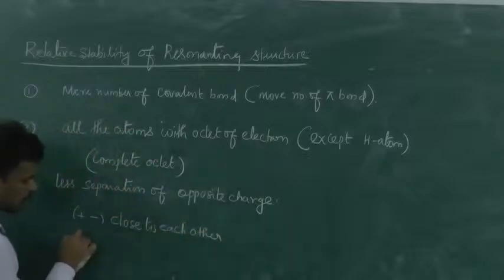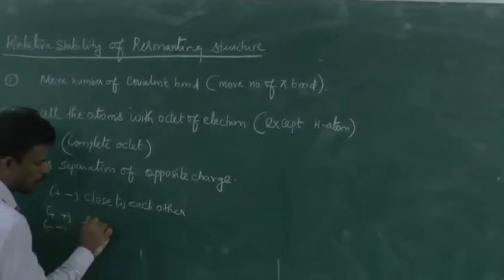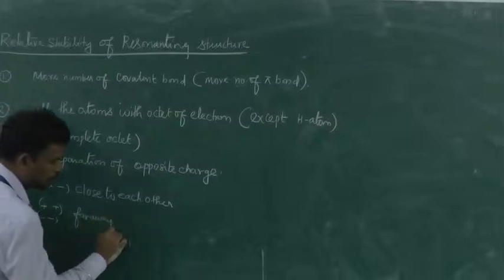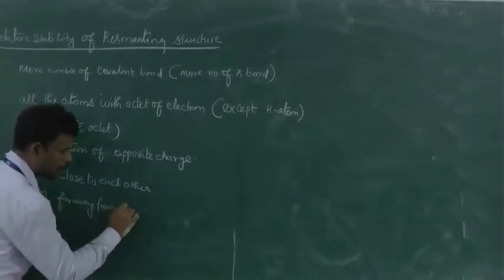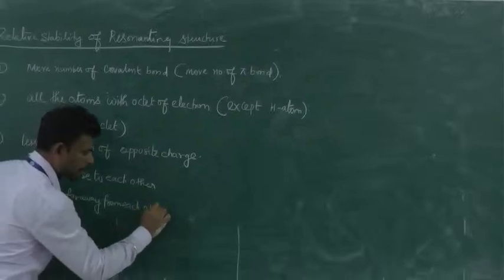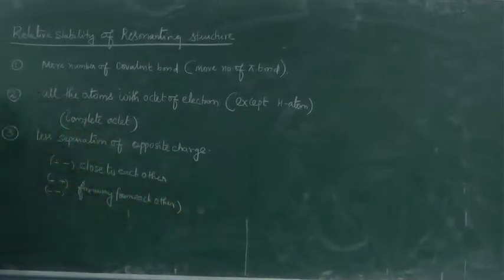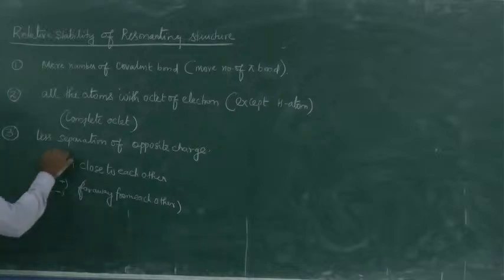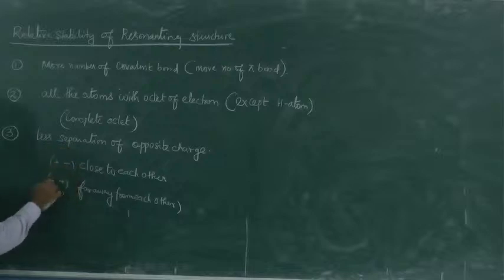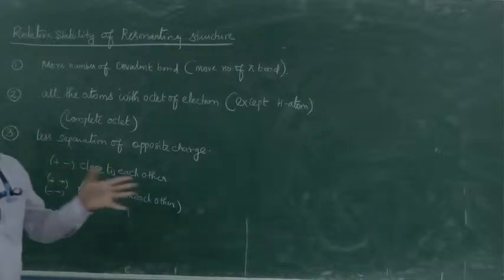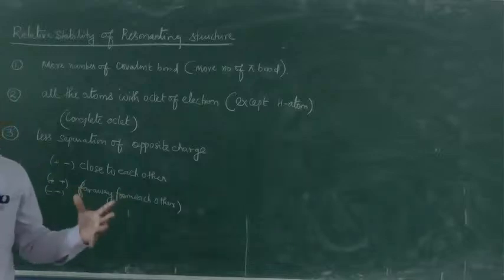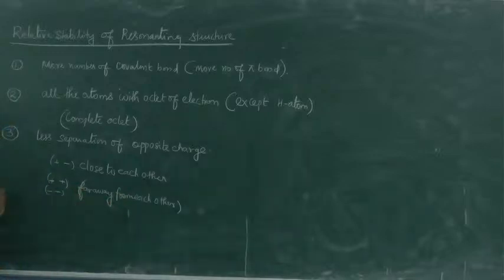Whereas like charges are far away from each other. Like charges means positive with positive, negative with negative; the distance increases, whereas opposite charges come close. Is it clear? Next, the fourth point.